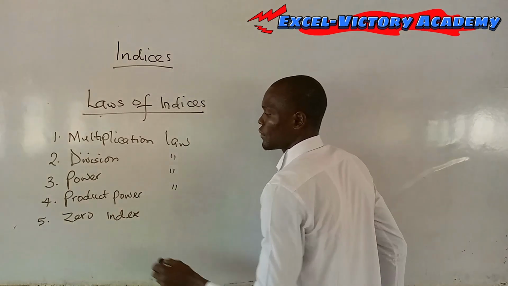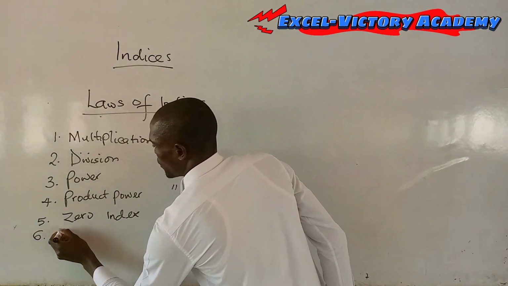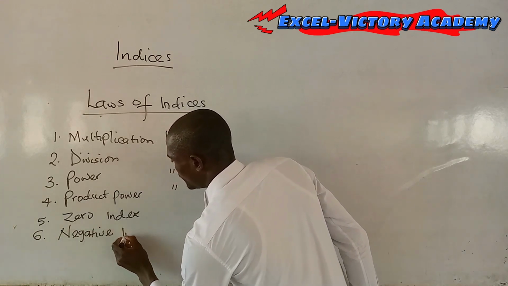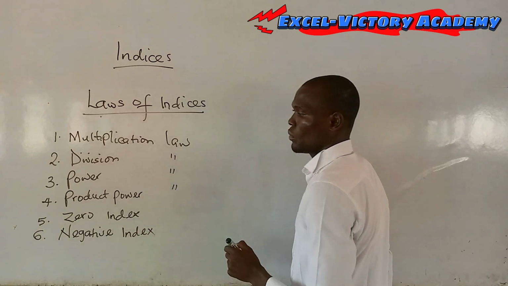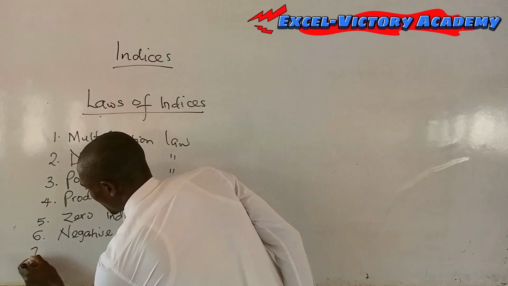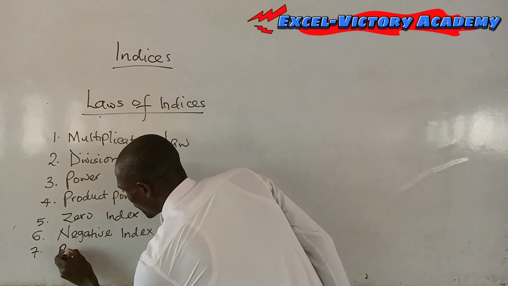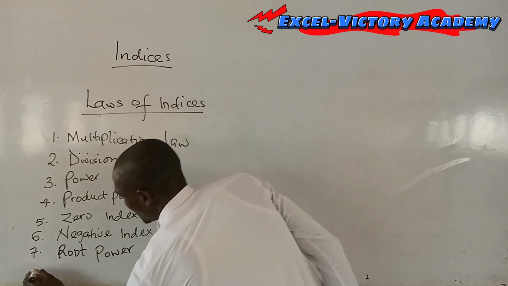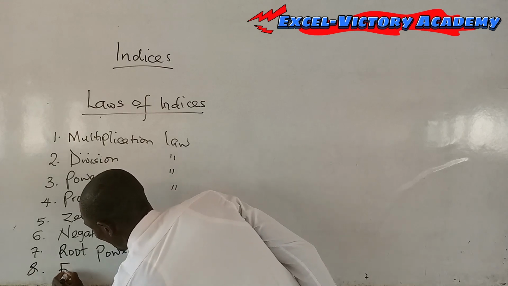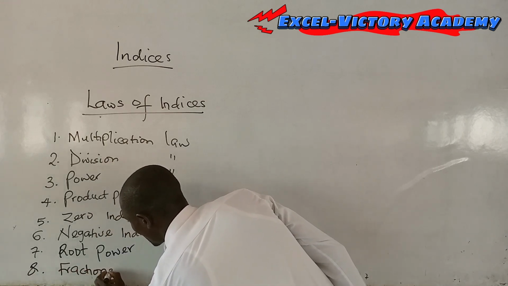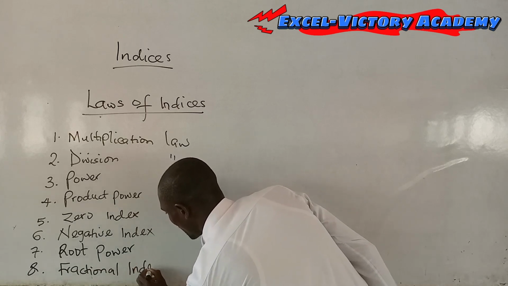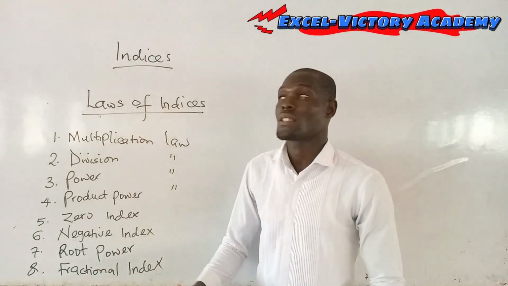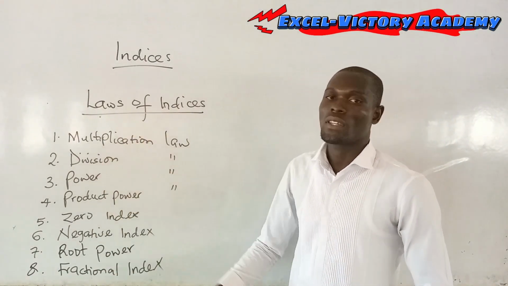Number 6, we have negative index. Number 7, we have root power. And lastly, we have fractional index. So these are the several laws that govern the operation of indices.